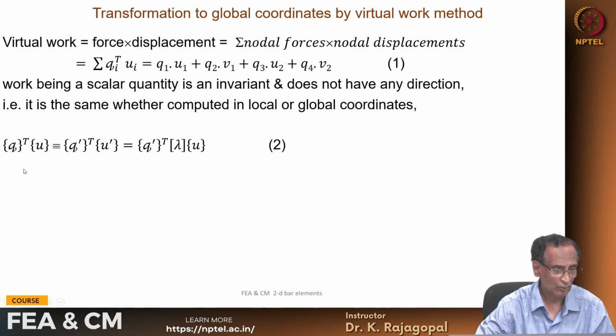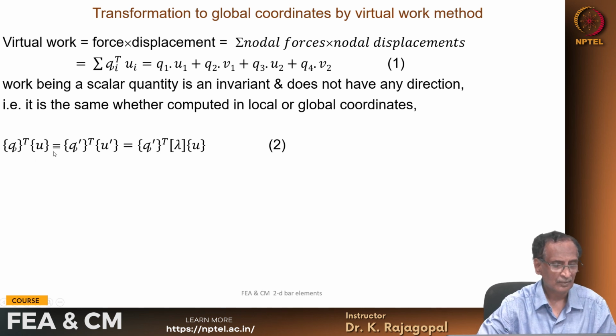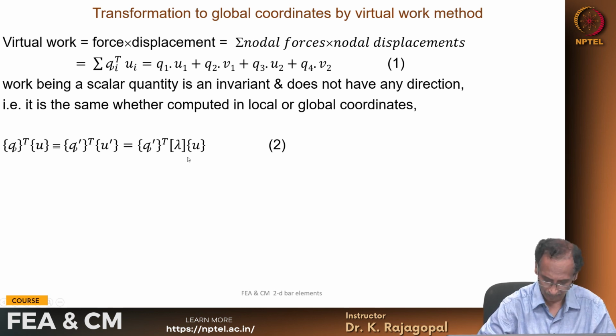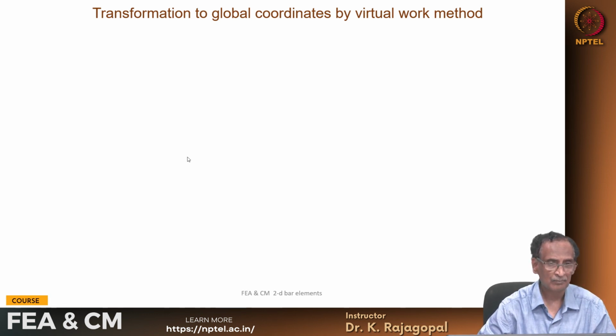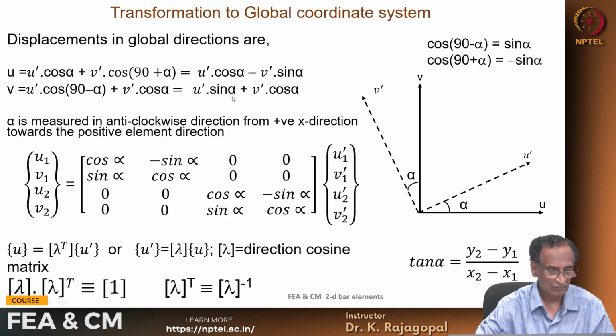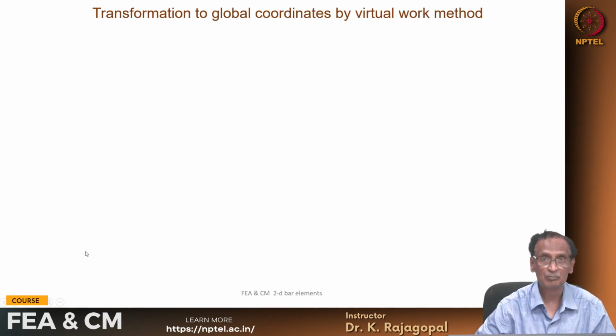So q transpose u I can write as q prime transpose u prime, and u prime is lambda times u. That is what we have seen previously. u prime is lambda times u, and u is lambda transpose times u prime.